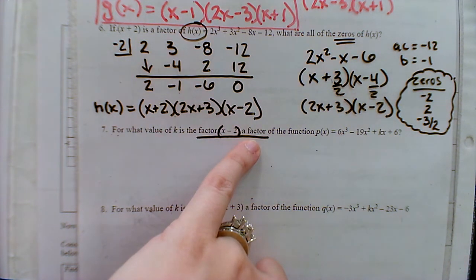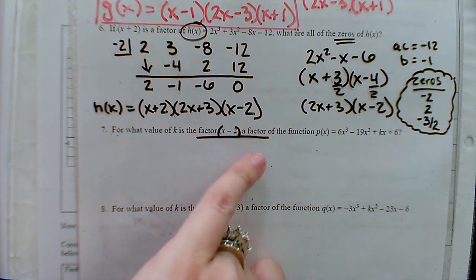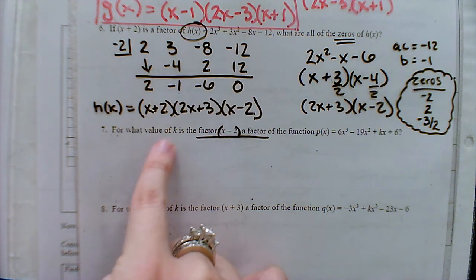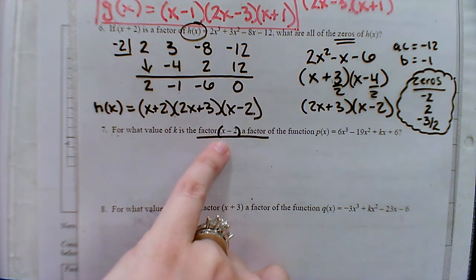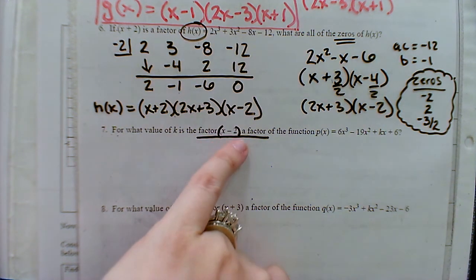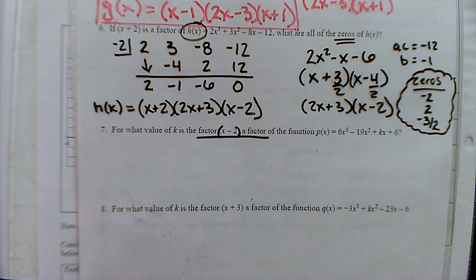We know how the English language is kind of tricky, where the same word can mean two different things sometimes. That's what's going on here. So they're asking you for what value of k is this divisor essentially a factor. Does it go in evenly for that particular function?